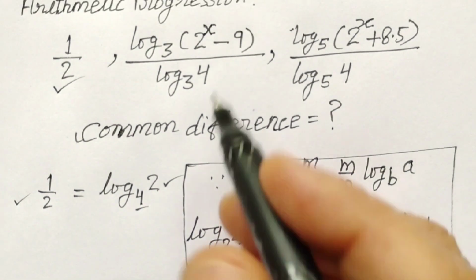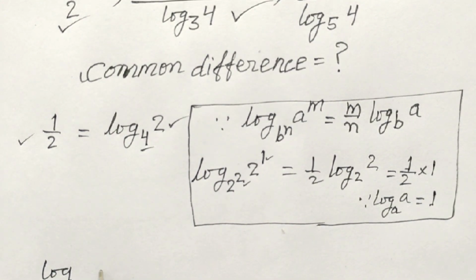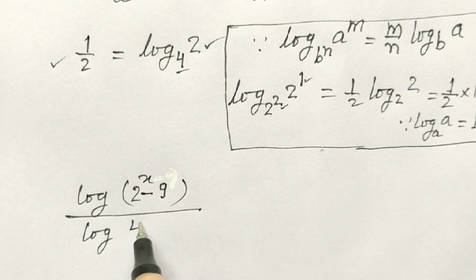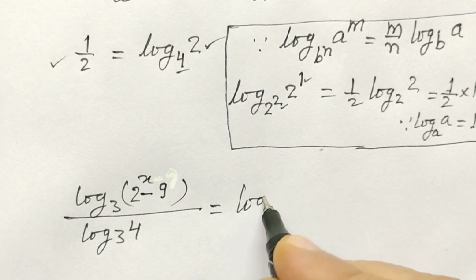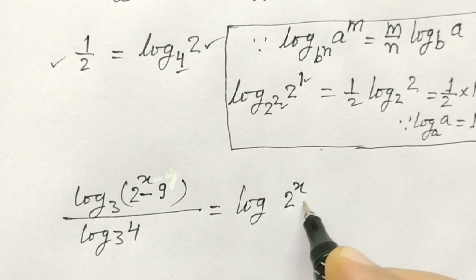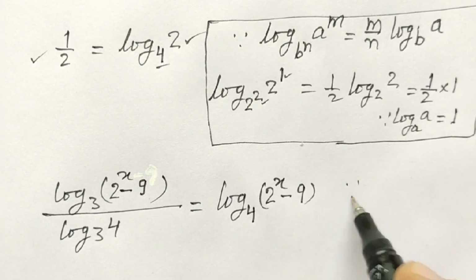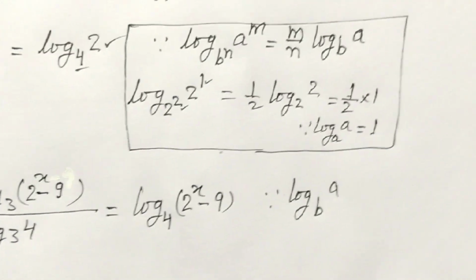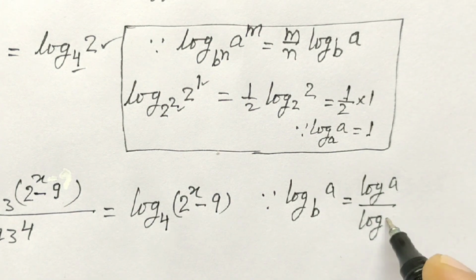So we can safely write 1 over 2 is equal to this. Now we will take the second term: log of 2 to the power x minus 9 over log of 4 to the base 3 is equal to log of 2 to the power x minus 9 to the base 4, because log of a to the base b is equal to log of a over log of b.